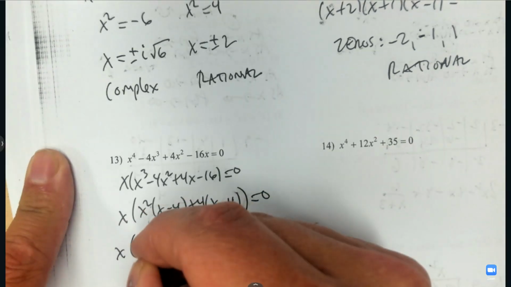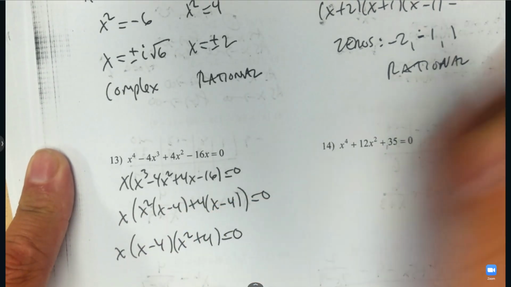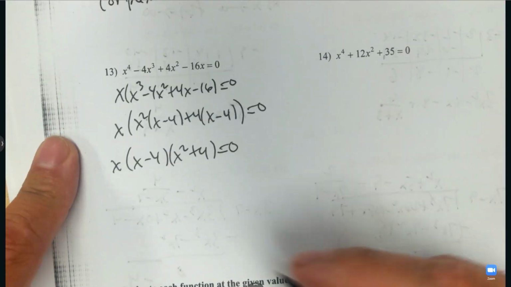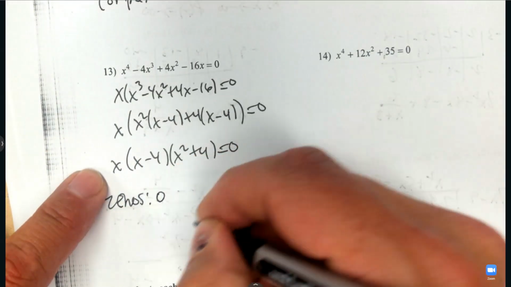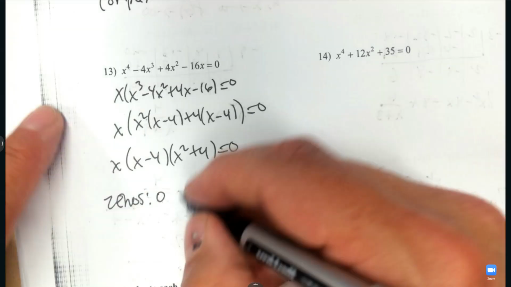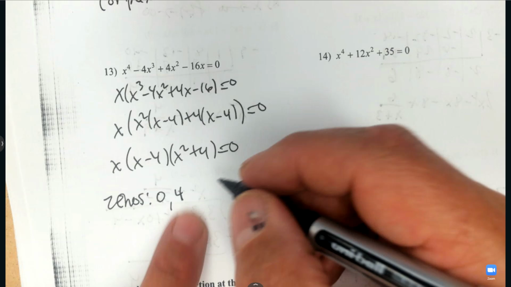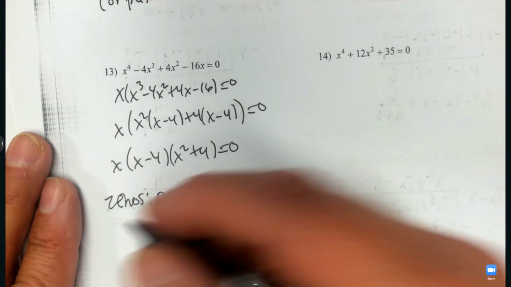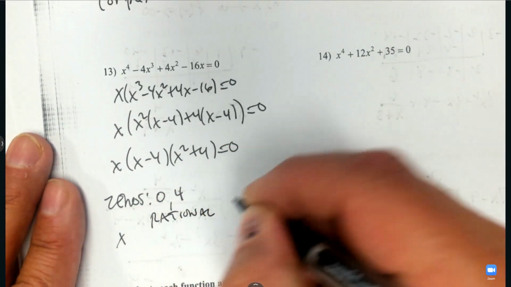So I have x, x minus 4, and then x squared plus 4. So if we're talking about the zeros again, x is a 0. That's positive 4, because positive 4 take away 4 is 0. By the way, these are rational.